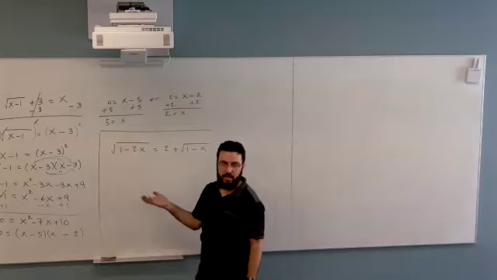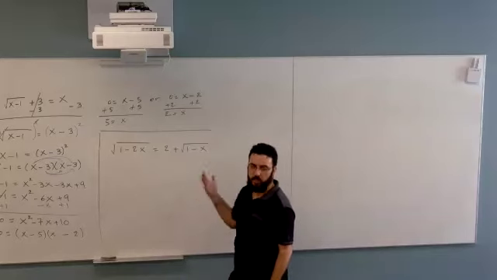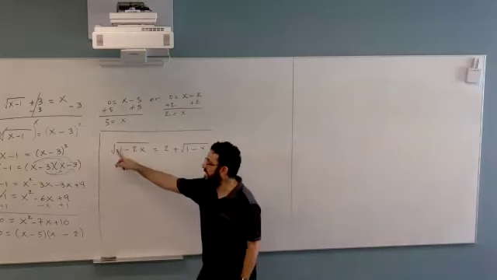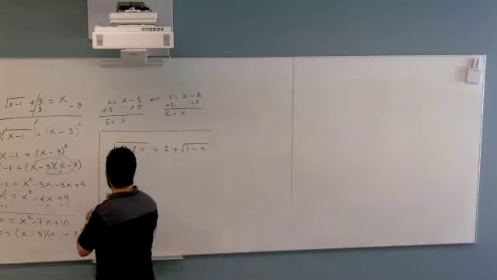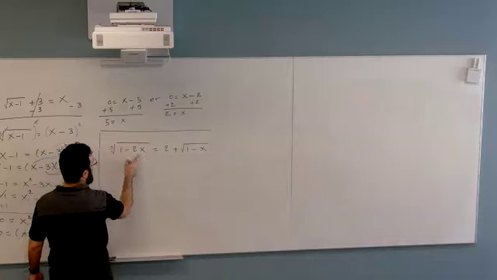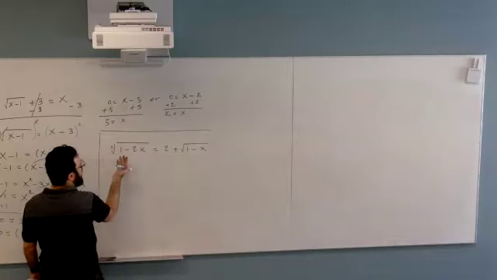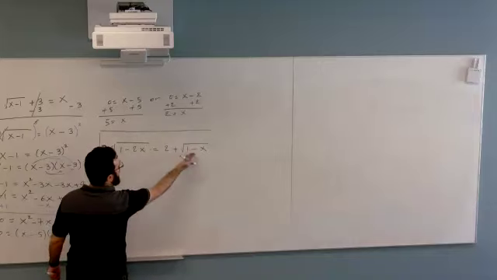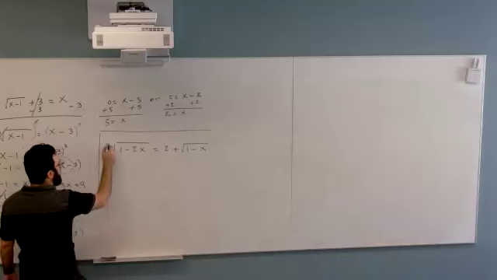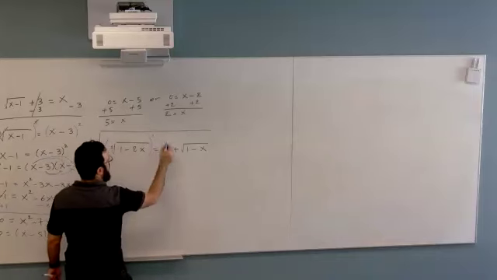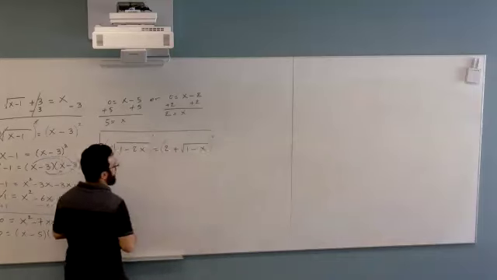So in this case, I'm going to raise both sides right away to the power of 2, because this radical is already on one side. I don't have to move this one here and move this one here. So I'm just going to go ahead and raise both sides to the power of this radical. And let's see what's going to happen.